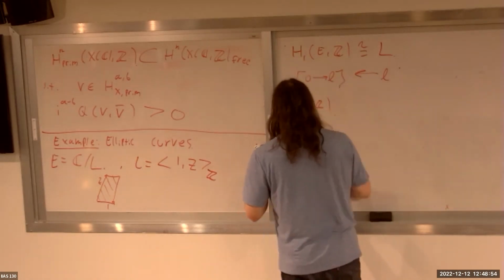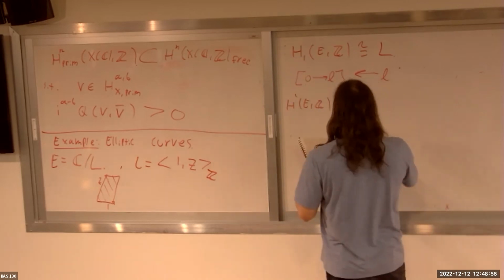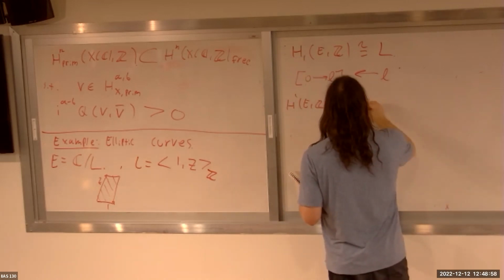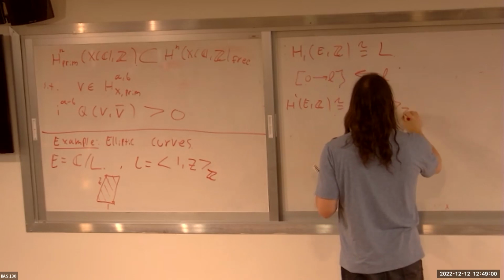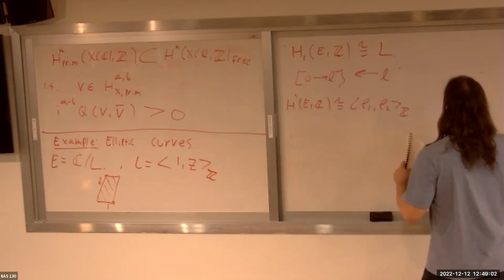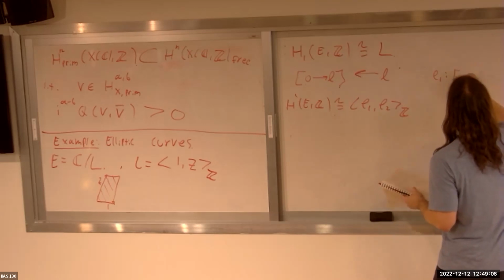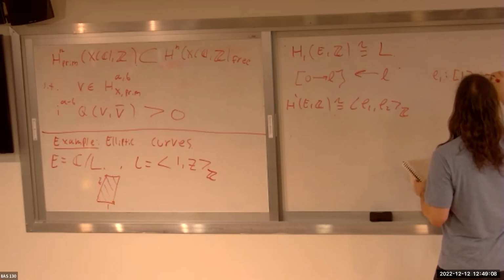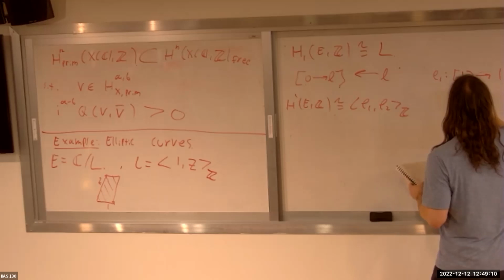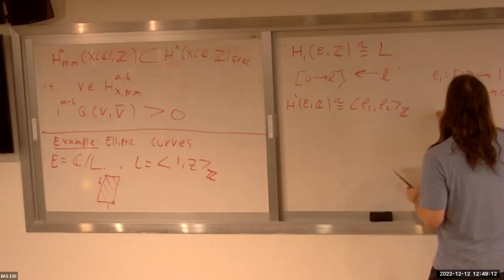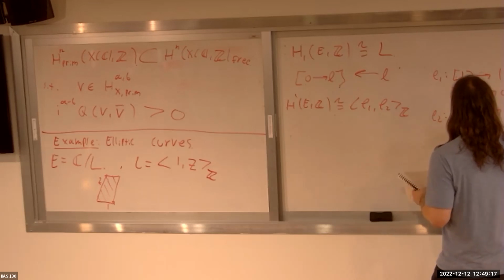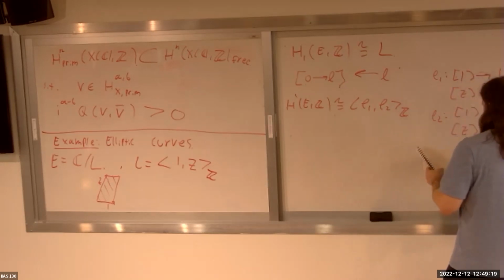The cohomology of E with Z coefficients is naturally the span of 2 elements E1 and E2, where I'll pick them such that E1 sends the class of 1 to 1 and the class of Z to 0, and E2 does the opposite: the class of 1 to 0 and the class of Z to 1.